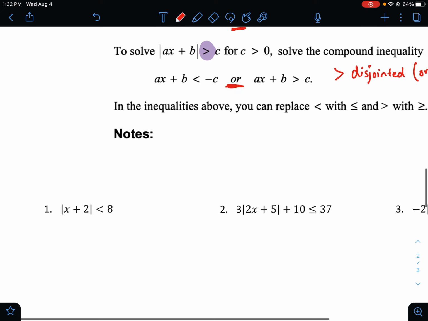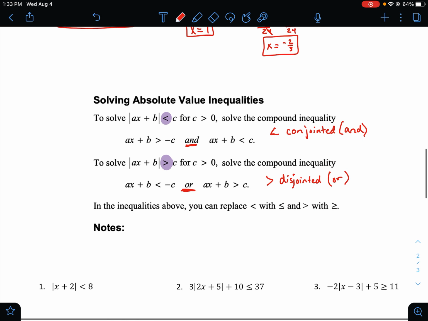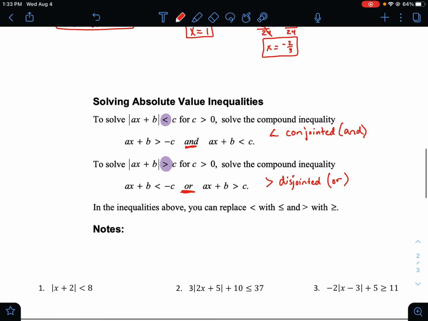Okay, so when we go to solve these, just like the equations, you're going to set them to negative values as well as positive values, and you want to make sure that you are flipping the inequality sign as well. Notice how when you have a negative version, it's going to be greater than a negative version and less than the positive version.